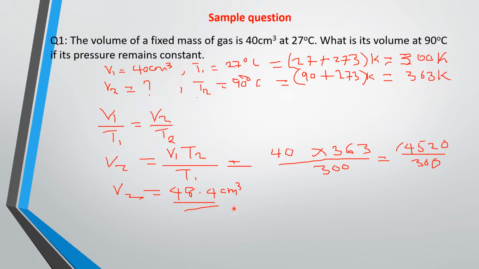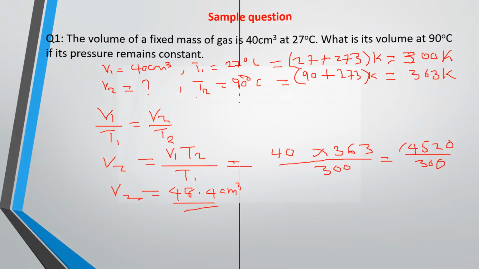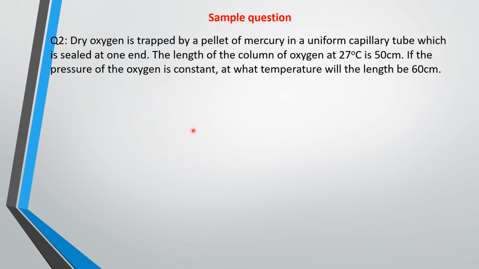We'll also try another question now. I hope this one is okay and simple to understand. Alright, so this is another question. It says that dry oxygen is trapped by a pellet of mercury in a uniform capillary tube which is sealed at one end.